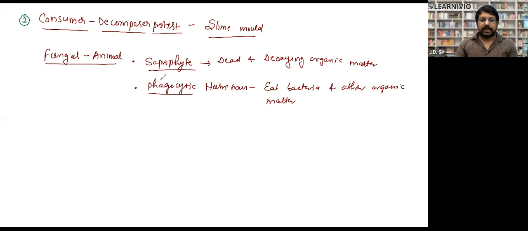We have written this characteristic of the slime mold, and we have also written that they are called fungal animal. Next point: they do not have chlorophyll.